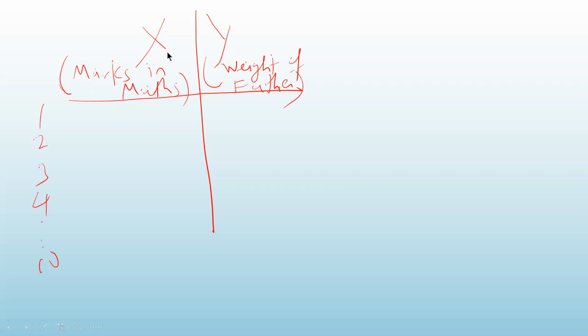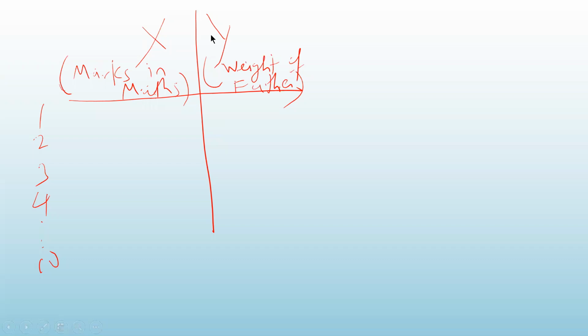The first column, that is X, denotes the marks in mathematics, and the second column Y denotes the weight of the student's father. You know that there is no correlation between these two variables. How much marks a student has scored in mathematics has nothing to do with the weight of his or her father.